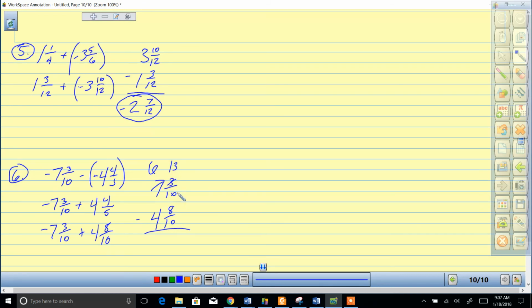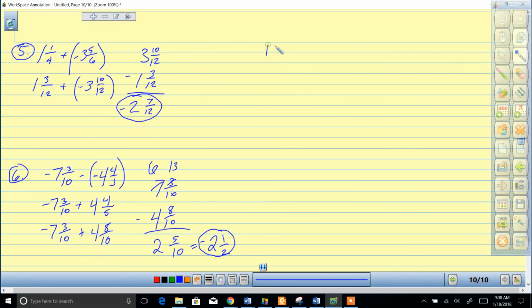If our denominator was 7, we would add 7 to it, but luckily in our case, the denominator is 10, so it looks like your typical subtraction borrowing. 13 take away 8 is going to give us 5. And 6 minus 4 is 2. So that gives us essentially 2 1/2, right? Because 5/10 is the same as 1/2. And the negatives win. So negative 2 1/2 is what we're looking for.